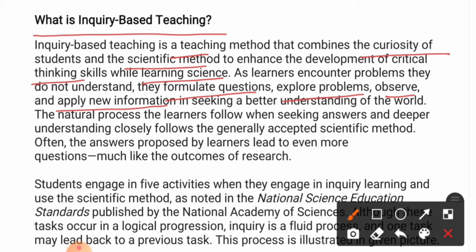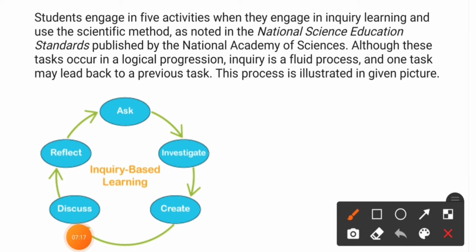The natural process the learners follow when seeking answers and deeper understanding closely follows the generally accepted scientific method. Often, the answers proposed by learners lead to even more questions, much like the outcomes of research. Further, students engage in five activities when they engage in inquiry learning and use the scientific method, as noted in the National Science Education Standards published by the National Academy of Science.